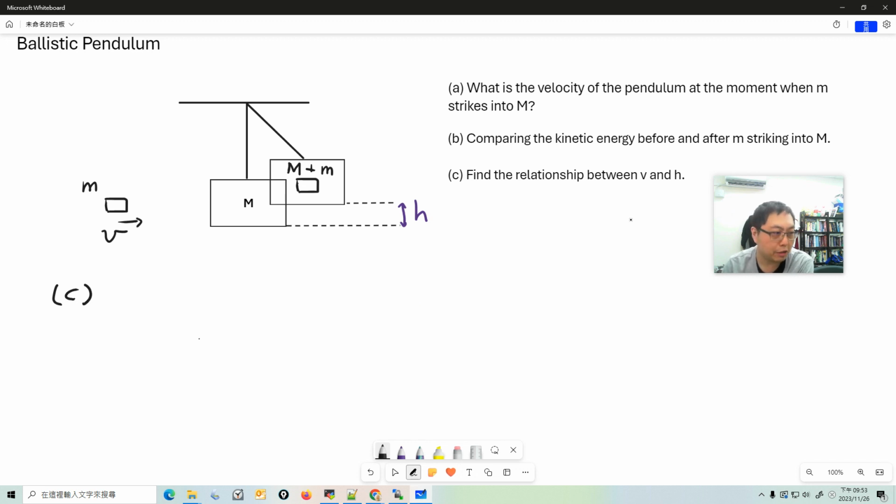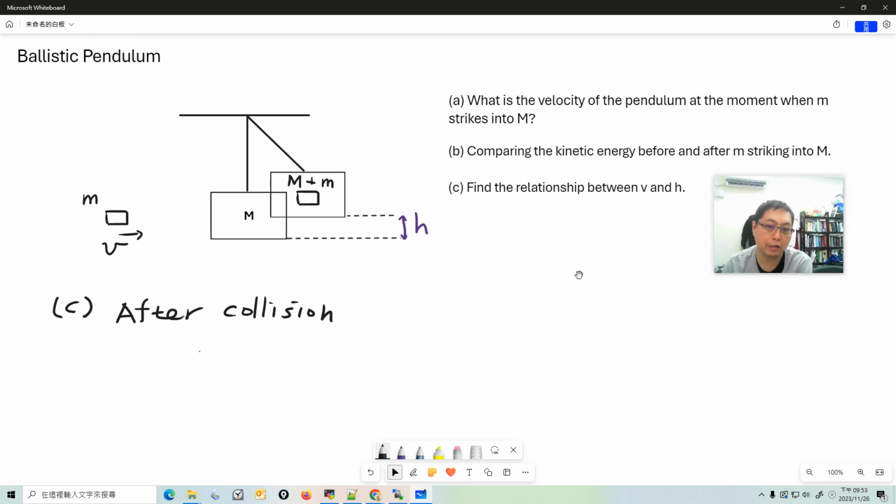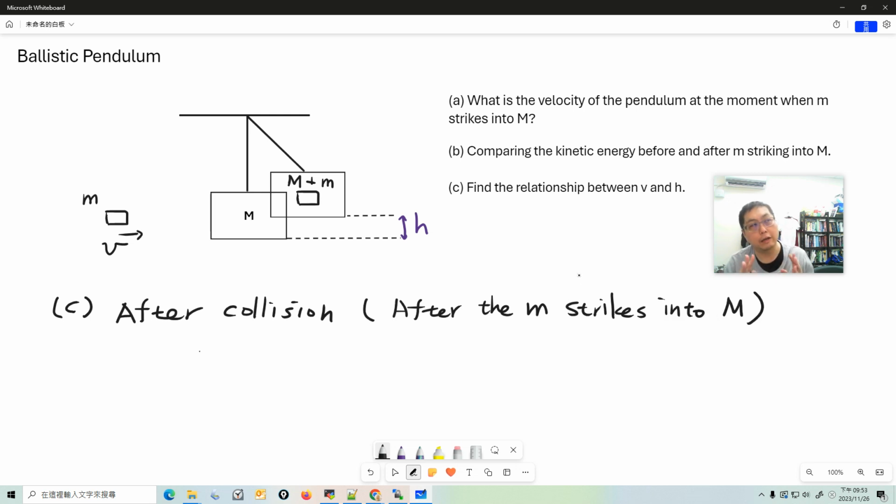We now consider the situation after the collision, after the bullet strikes into capital M and the whole system starts moving up to height h.